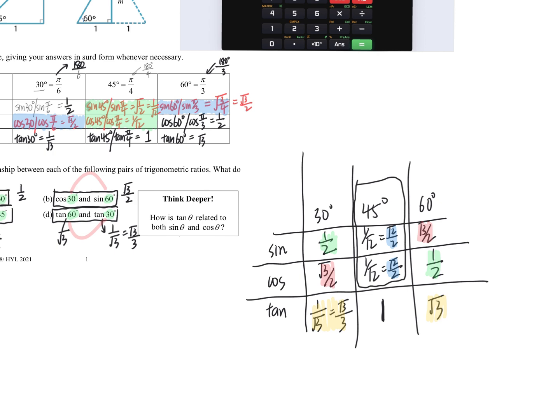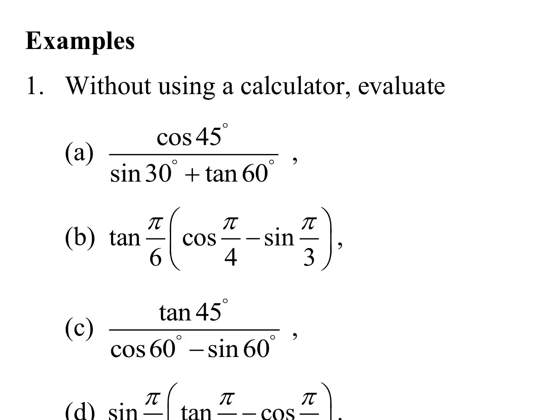So let's look at why you do this: because of questions like that. They say don't use calculator. Imagine you give me this. But how are they going to know if you use a calculator? If you write this, I know you used a calculator. I say don't use calculator, then you give me this.